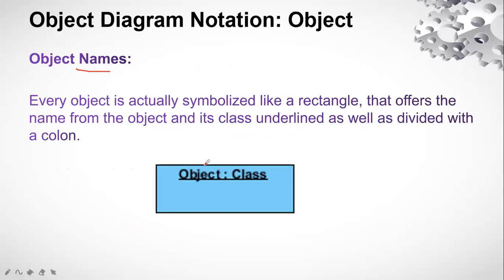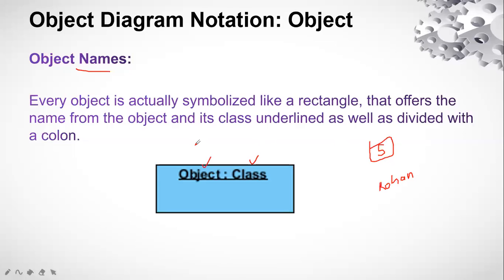The only difference is we have to define the object name, then colon, then the class name. Example: I have defined that we have a class called student. This is a class, but the object of this class is Rohan. So how am I going to write it?